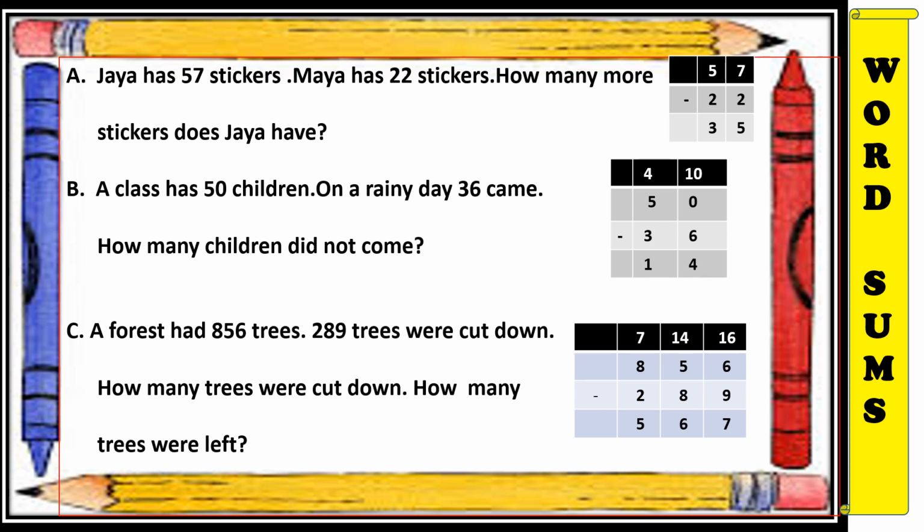We cannot subtract 9 from 6. So we'll borrow one value from 5. It becomes 16 now. 16 minus 9 is 7. Now 5 becomes 4 because 1 has been given to the ones place.